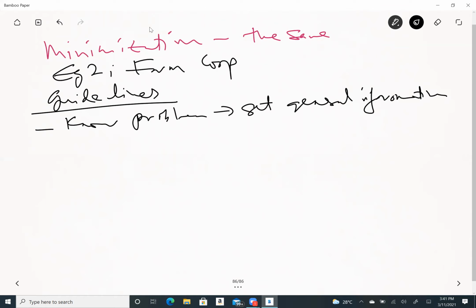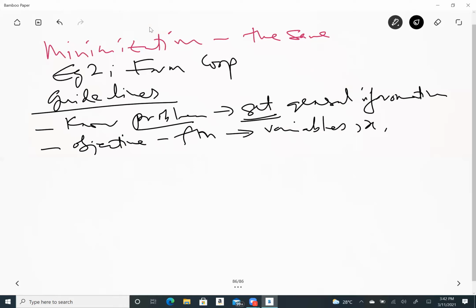That means look at the thing. What is the problem about? Get some general information. From there, you want to know what is the objective. We know the objective will be just a linear function. From the objective, we can identify the variables.